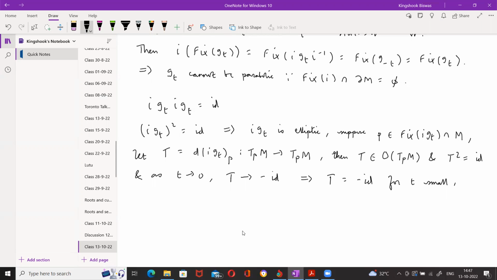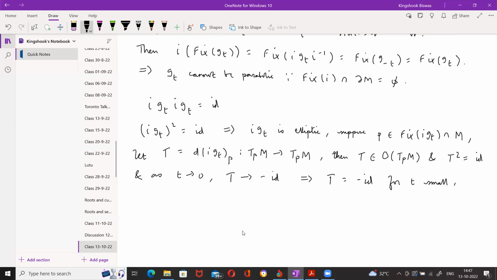One second. So then T squared is identity, T is minus identity. Okay, yeah, right.